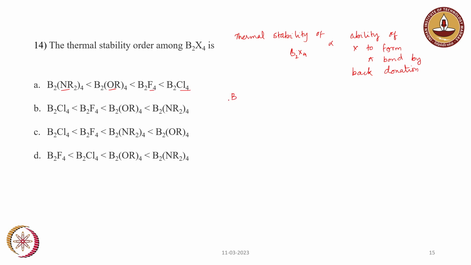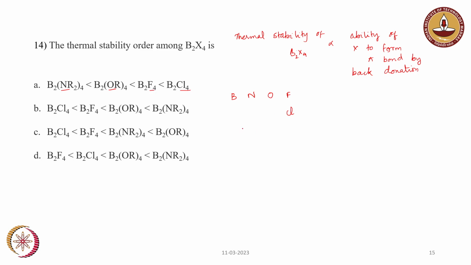So the order in the periodic table will be boron, nitrogen, oxygen, fluorine, and chlorine is in the halide below fluorine. So the energy of atomic orbitals will be similar to boron for nitrogen, then oxygen, then fluorine, then only chlorine will be coming.